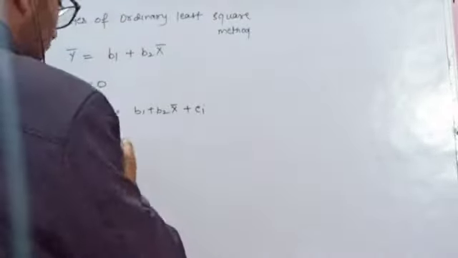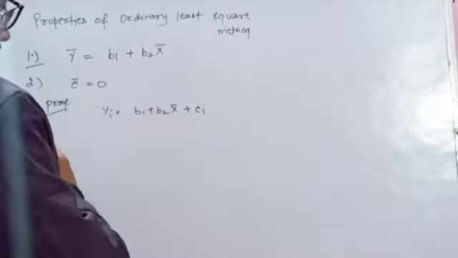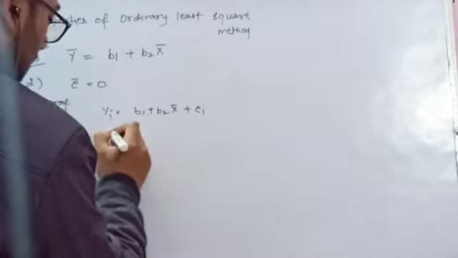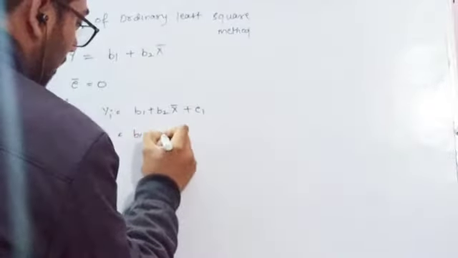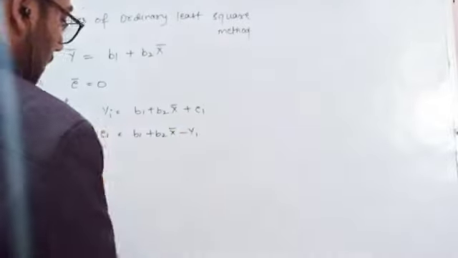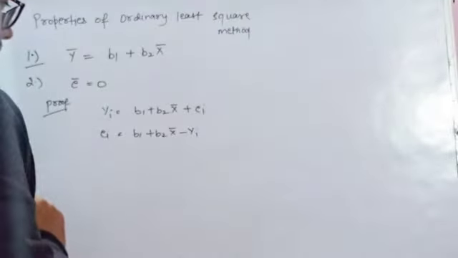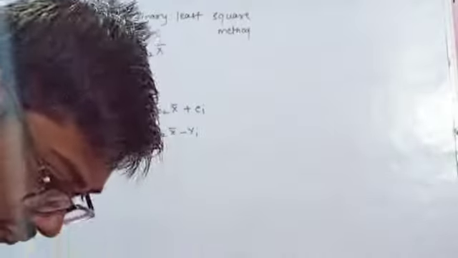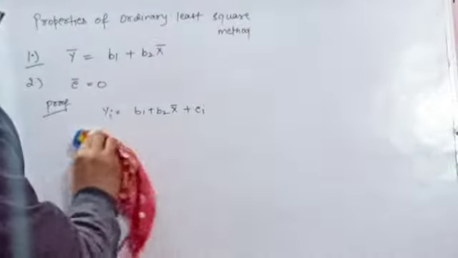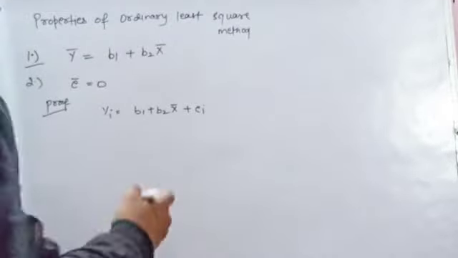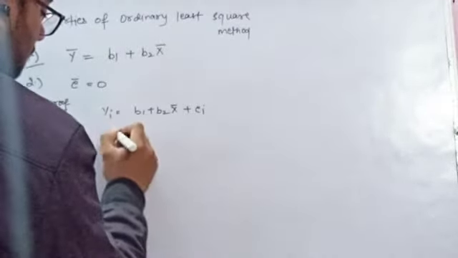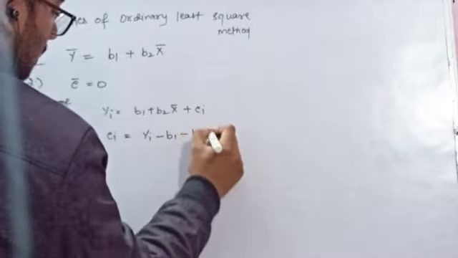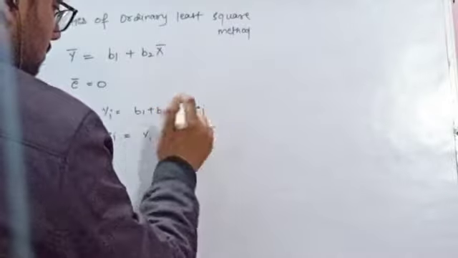Take yi on the other side and ei on the left side: ei is equal to yi minus b1 minus b2 xi.